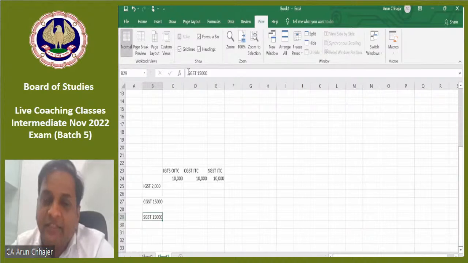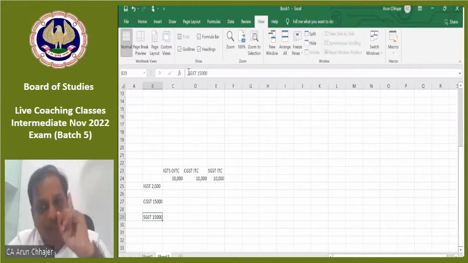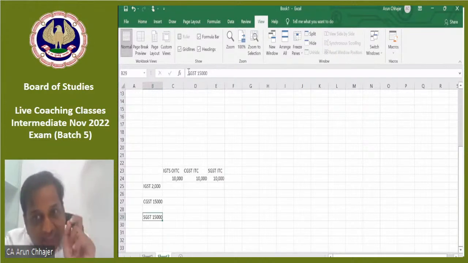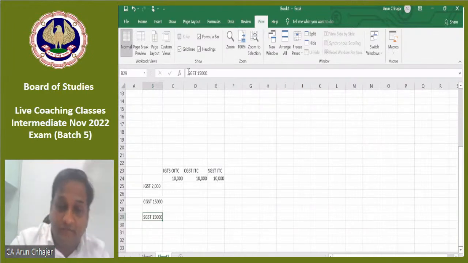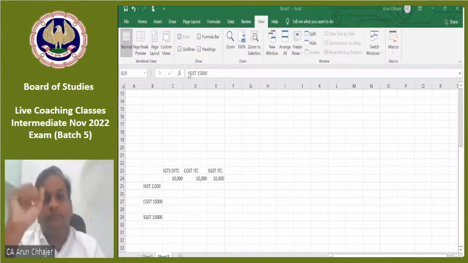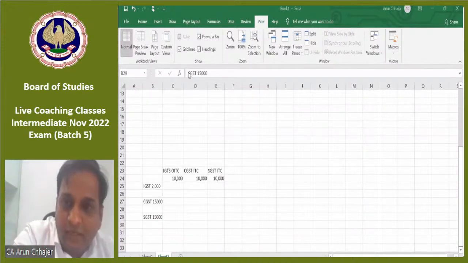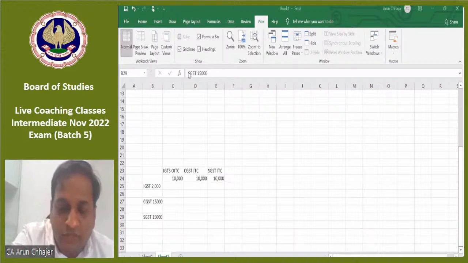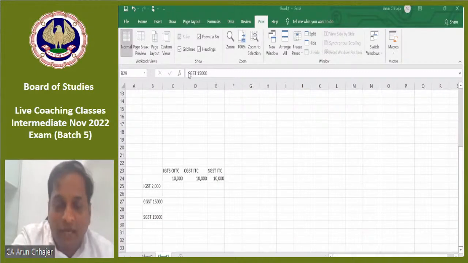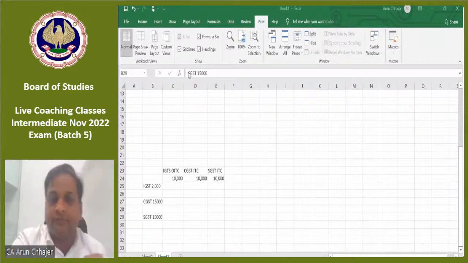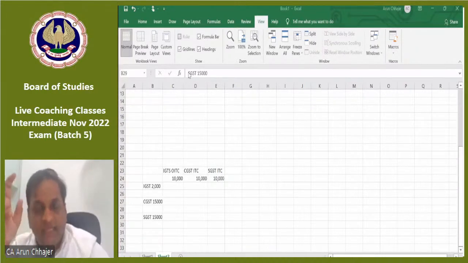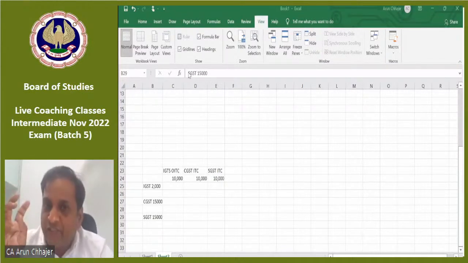IGST ITC of 10,000, to whom will it be allocated first? To which account will the IGST ITC be allocated first? IGST ITC has the balance of 10,000.